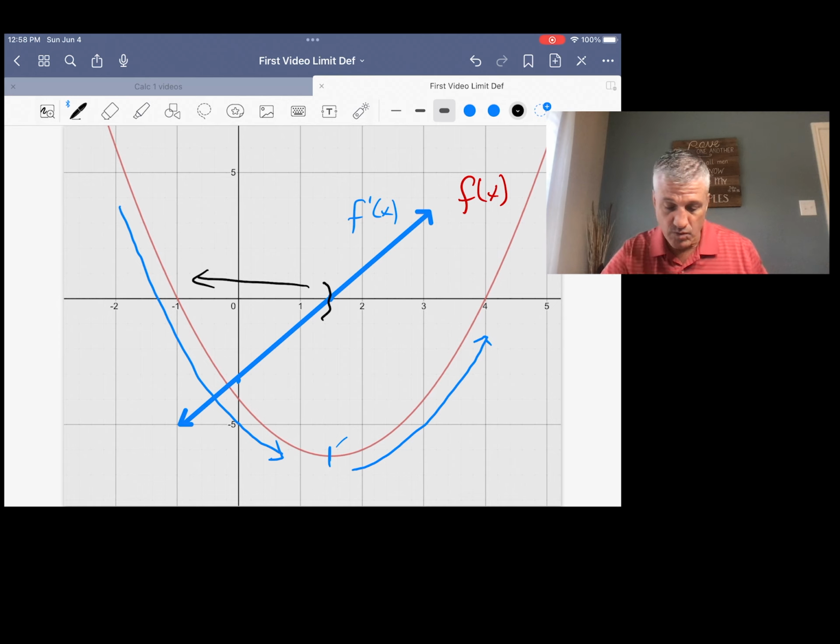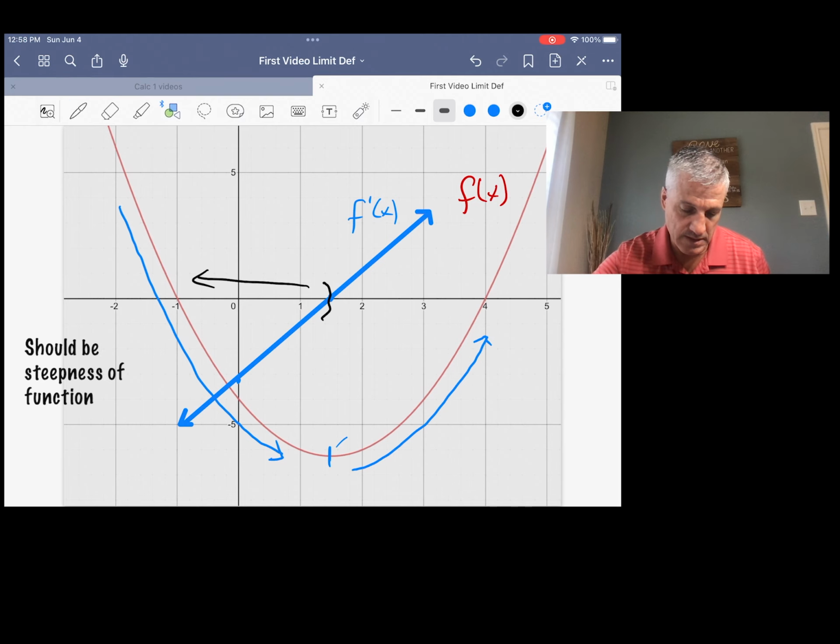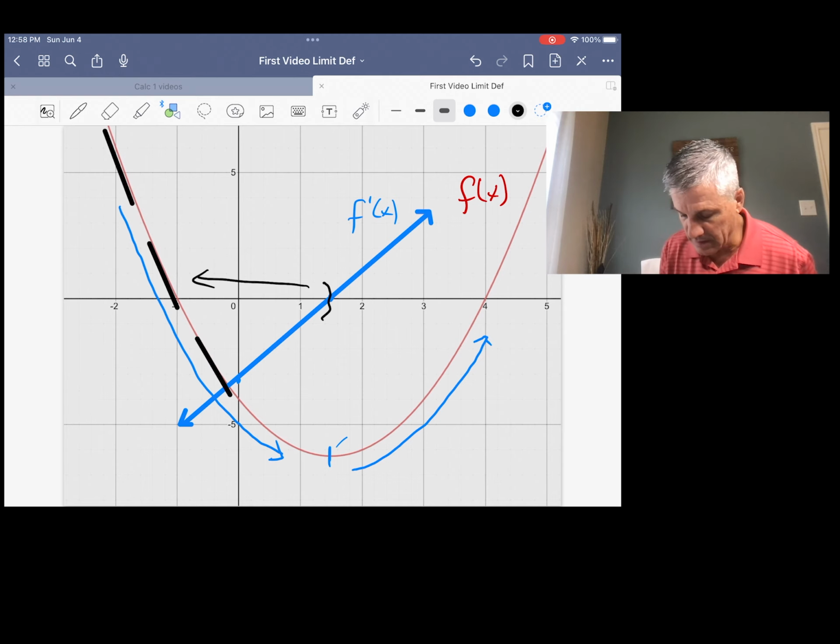And notice, moreover, that if you think about the steepness, let me draw some tangent lines here. You will note that it's always getting less and less steep, i.e., it's getting closer and closer to a very flat or shallow or horizontal line.